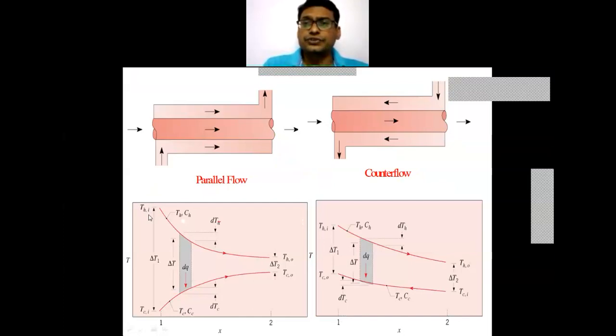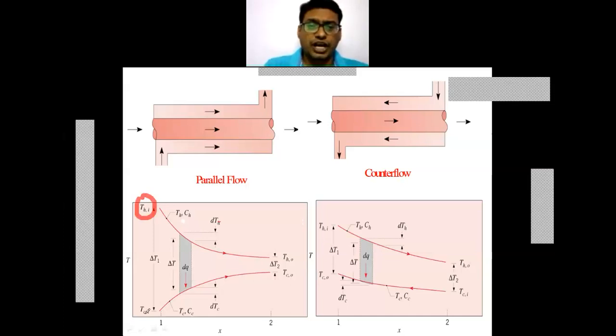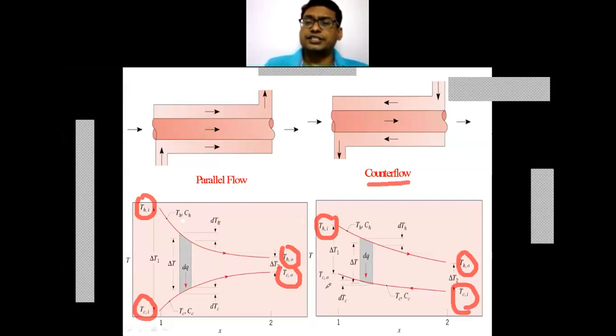Now, writing this with the notations: parallel flow, THI, TCI, THO and TCO. Similarly, in the counter flow heat exchanger, this is your THI and this is THO, which will be the same, but TCI is on this side and TCO is on the other side.